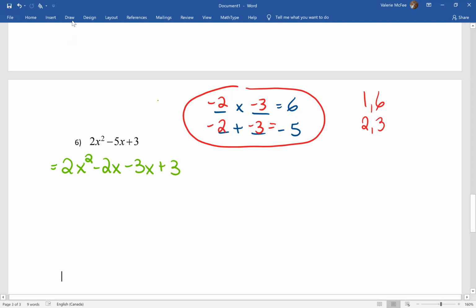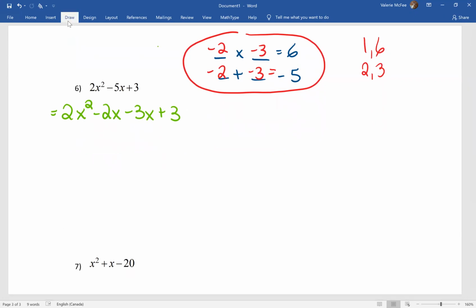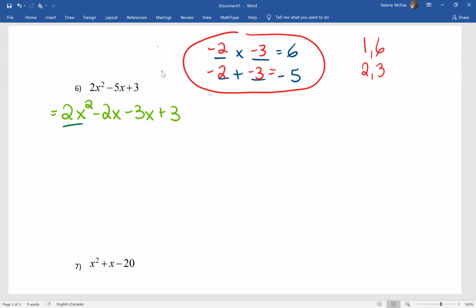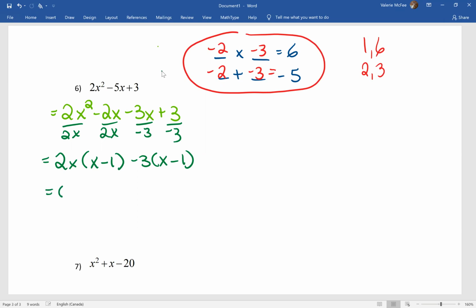All right, try again. -2x is common. -3 is common. -1 is common. Times 2x minus 3. Okay.